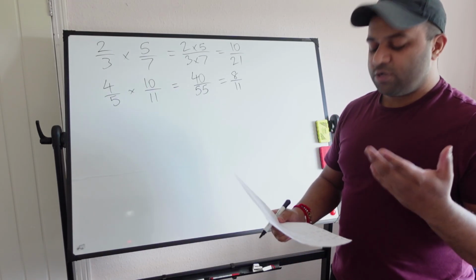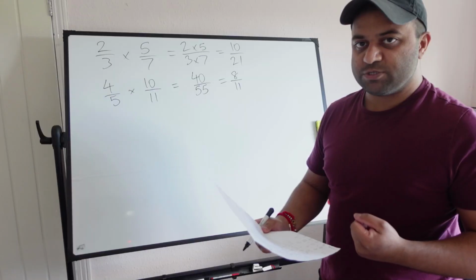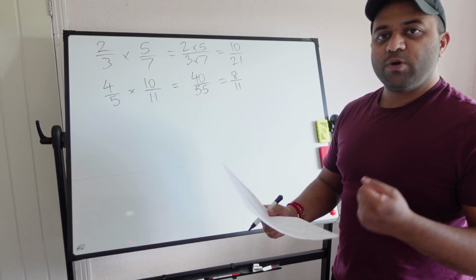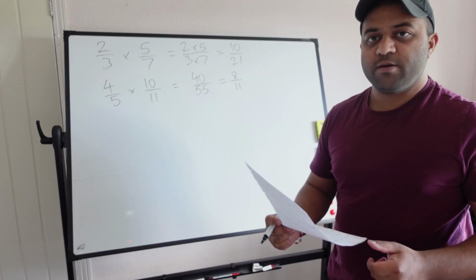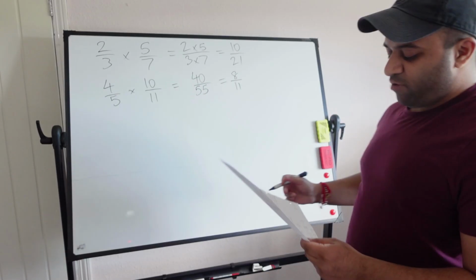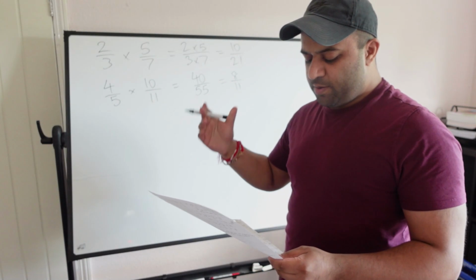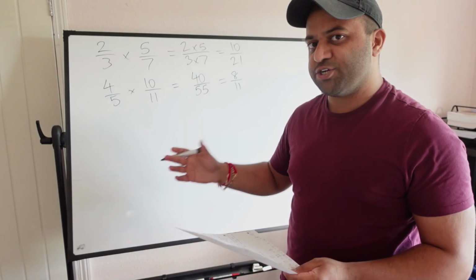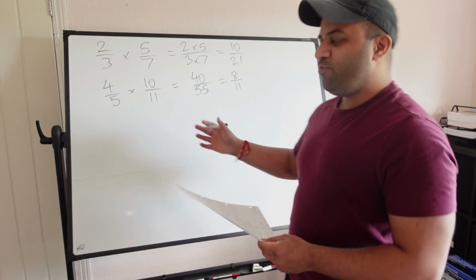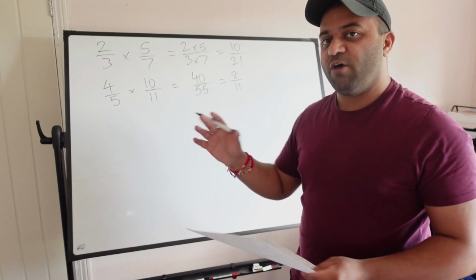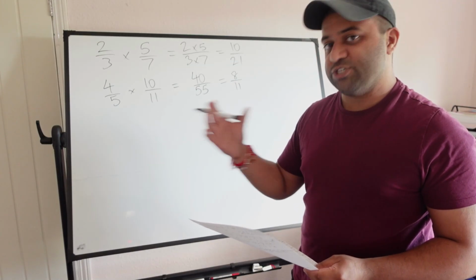However, there is an alternative way that we can work this out. What if we were to go back to the multiplication, and rather than doing the 4 times the 10, because the order of multiplication can be switched, what if we were to swap one of the numerator pair or the denominator pair?